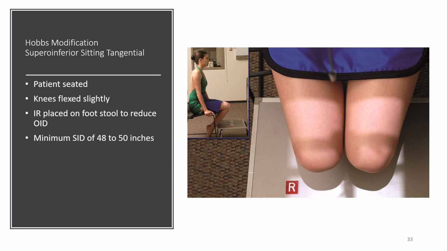We also have the Hobbs modification on 262, where the patient is seated. You can see how she's seated right here. The knees are flexed. The IR is placed on a footstool to reduce OID. And then you would have to raise your SID to compensate for that to about 48 to 50 inches.